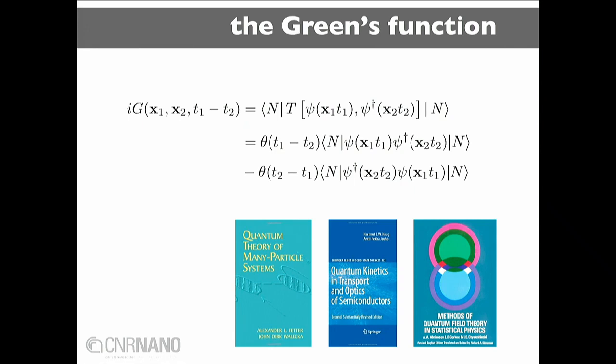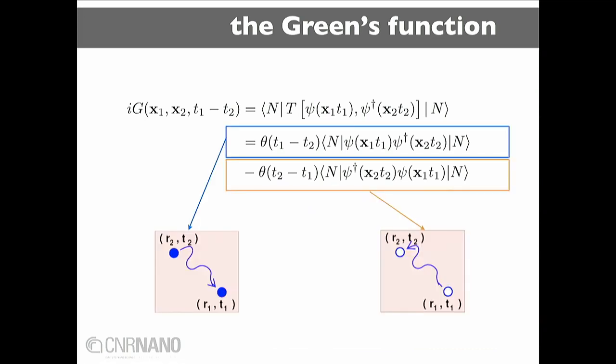Vice versa, if T2 is larger than T1, we first annihilate a particle, or if you want, create a hole, evolve it in time, and then take the scalar product or the amplitude at X2. And somehow this describes this physical process where we create this electron here, evolve it in time, and then look at the amplitude. So how does this state here project onto a state that is at X1 T1 with T1 later than T2, and vice versa for the hole.